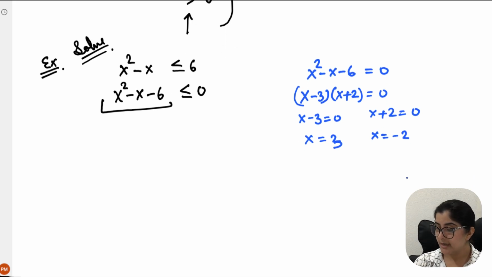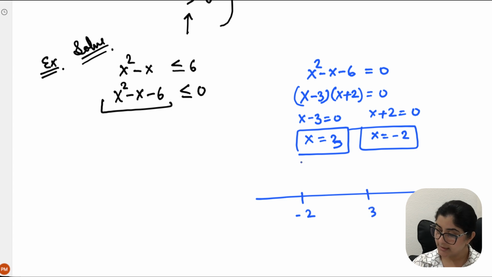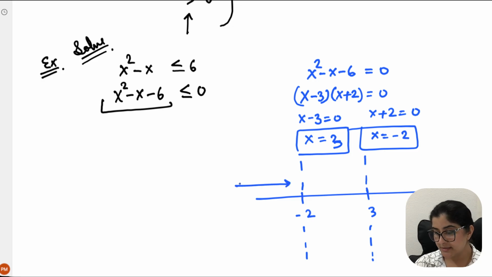Now we have to place these x values, minus 2 and 3, on a real number line and divide our real number line into subintervals. We have one subinterval here, a second subinterval here, and a third subinterval here.